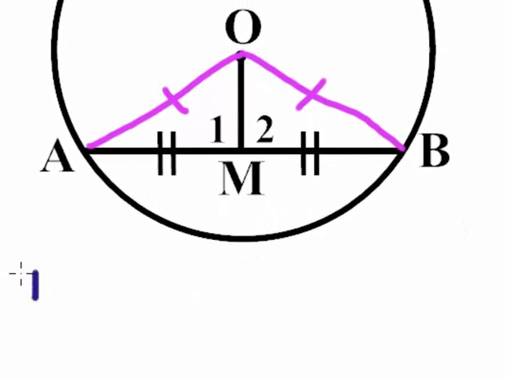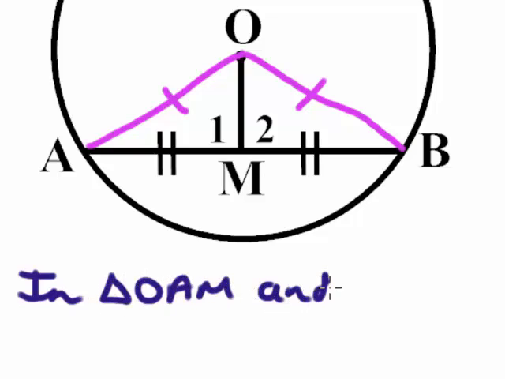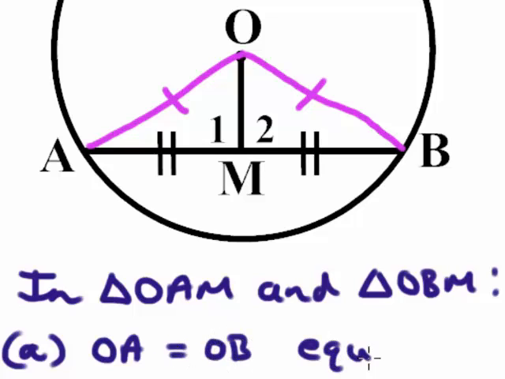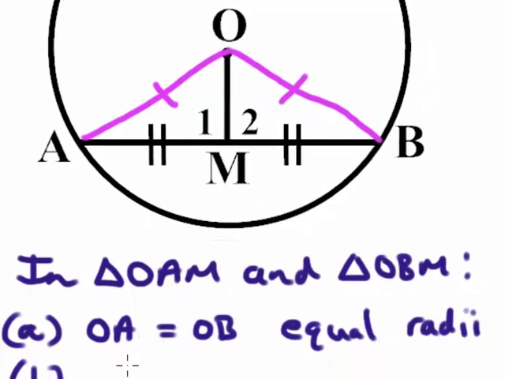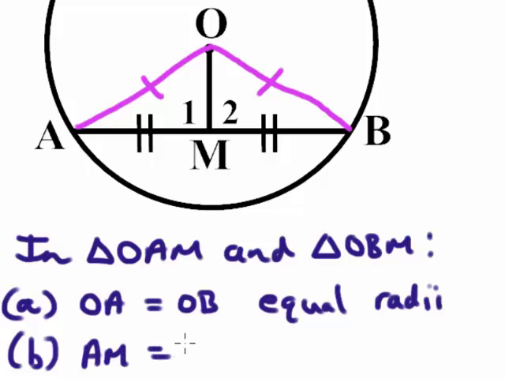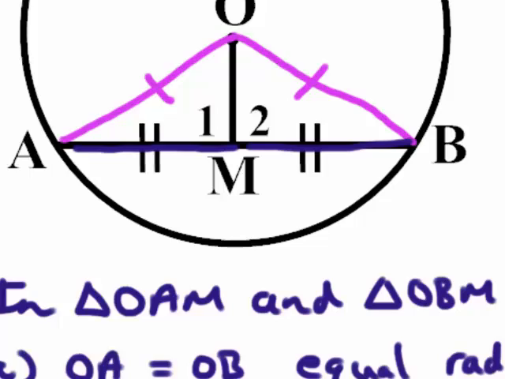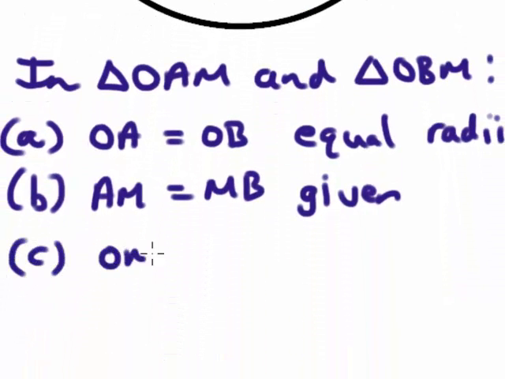So I'm going to say, in triangle OAM and triangle OBM, what do we know? Well, the first thing, we know that OA is equal to OB. Equal radii. The radii of the circle are equal there. The second thing is that AM is equal to MB. Why? It's given to us that AM is equal to MB. And then we also know that OM is equal to OM.